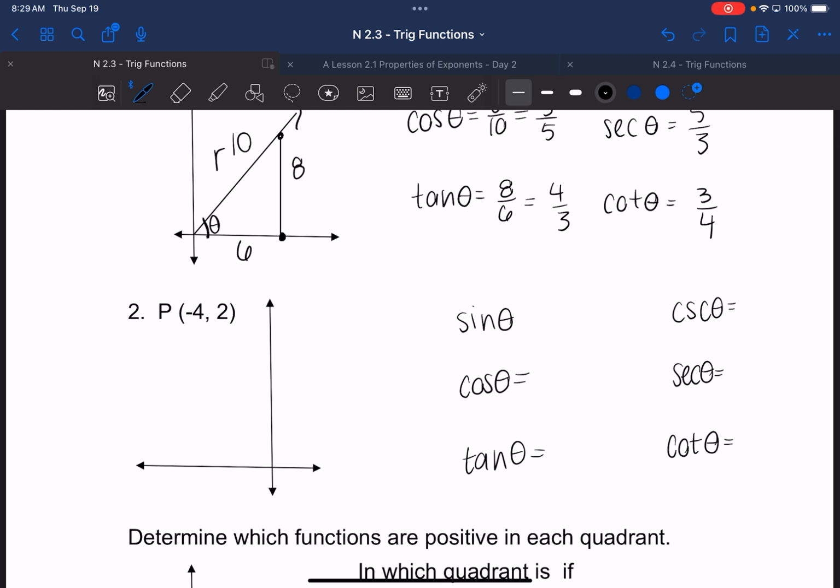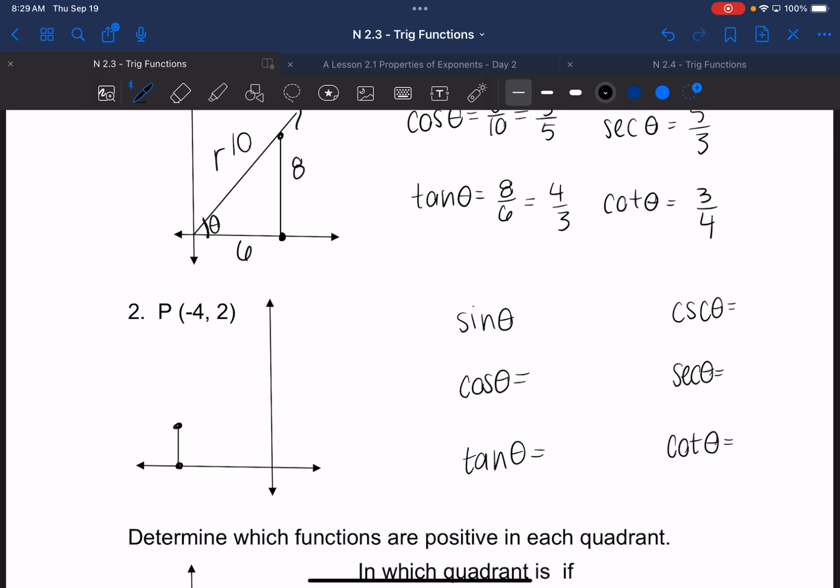Same answer. Okay, so let's take a look at number 2. On number 2, my coordinate point was -4, 2 for my terminal side, right? So because it was -4, I went to the left 4 and then up 2. So left 4 would be right about here, up 2, maybe right in here somewhere.